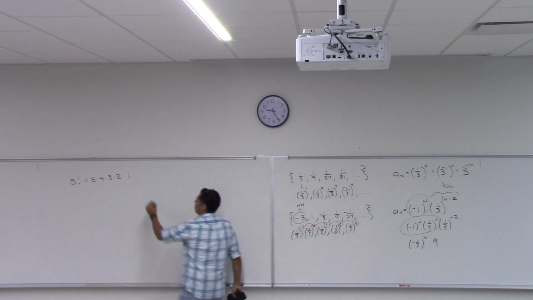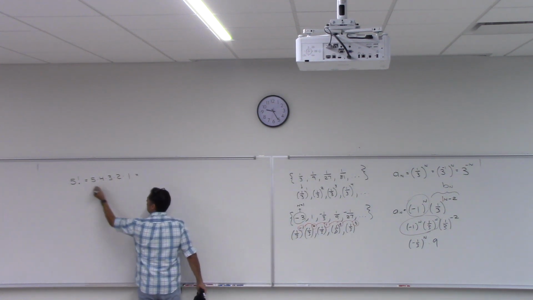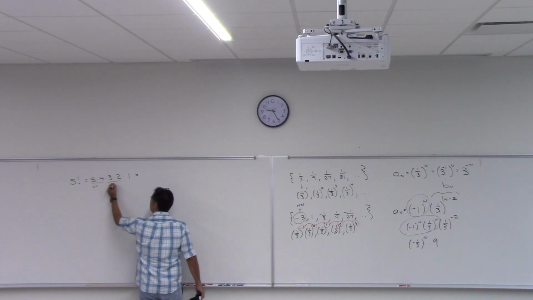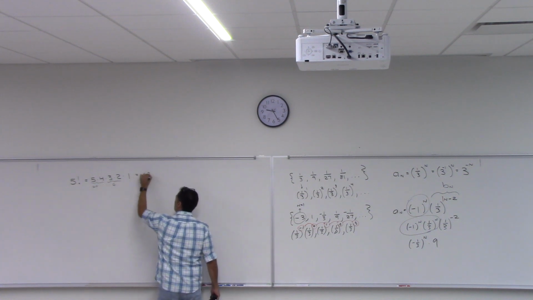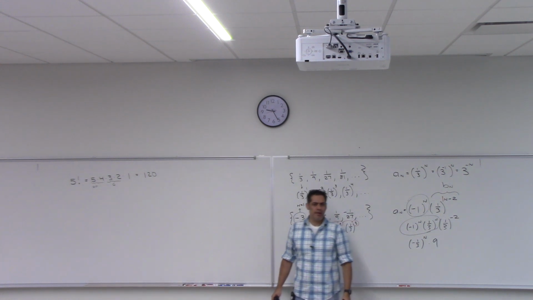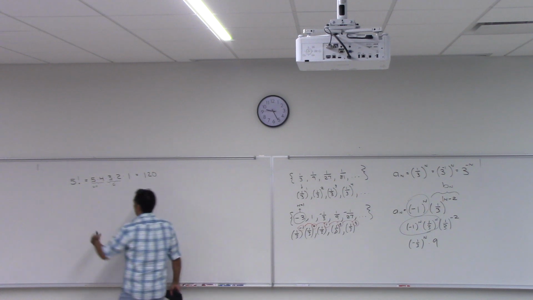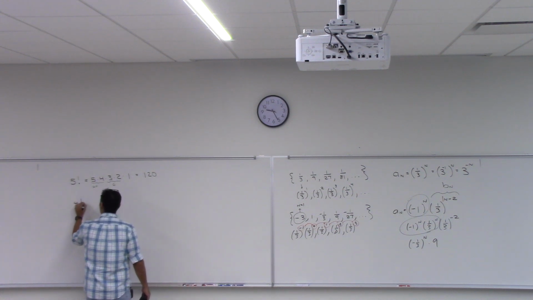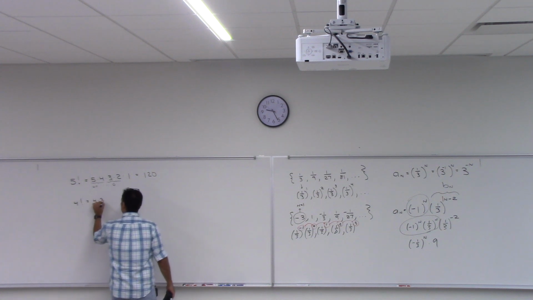So let's figure out what this is. I can do these two together, that's 20. These two together, that's 6. 20 times 6, this is 120. 5 factorial is 120. Okay? I could keep going bigger, but I'm going to go smaller. How about 4 factorial? 4 times 3 times 2 times 1.